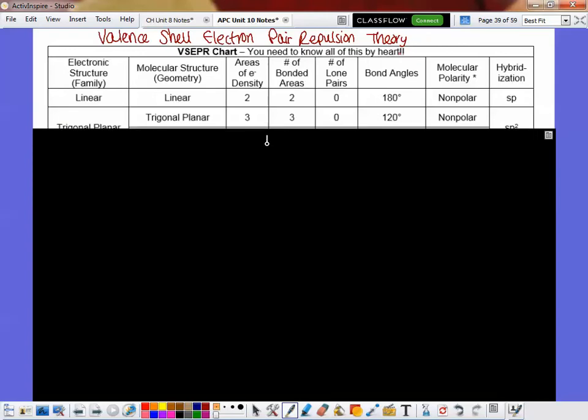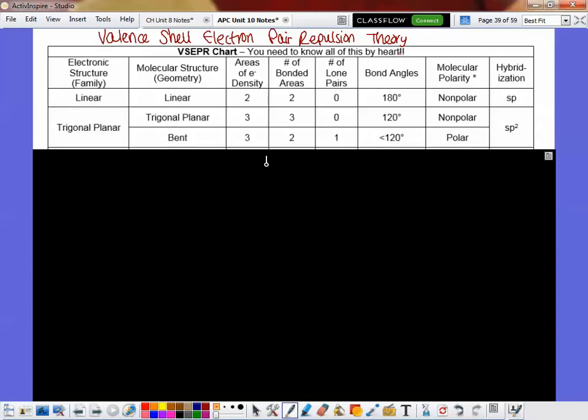All right, our next family is the trigonal planar family. We have two geometries here, trigonal planar and bent. All of the molecules in this family have three areas of electron density. For trigonal planar geometry, it's 3 and 0, and for bent, it's 2 and 1.